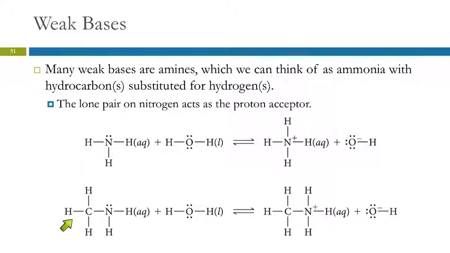So amines are very much like ammonia. They just have other things attached to the nitrogen instead of just hydrogens. And they act as a base in the same way: the lone pair of electrons on the nitrogen is what can accept the proton from the water molecule. So here we also have that lone pair of electrons on the nitrogen, and it can do the same thing.